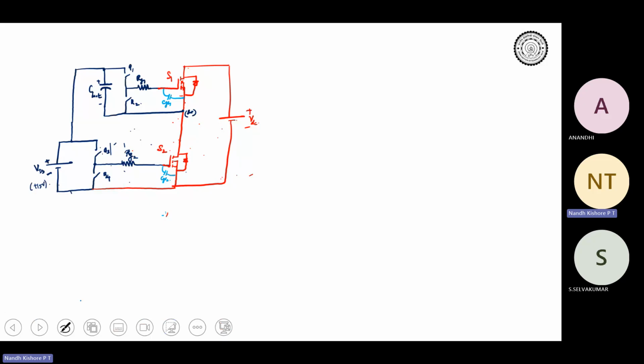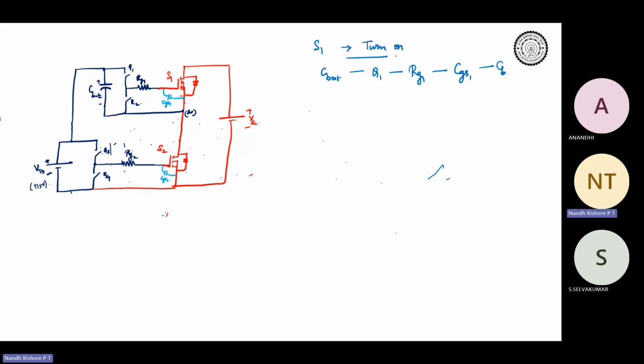What people came up with is, let's write the path, I think it will be easier. For S1 turned on, the path is going to be C boot, then Q1, and then RG1 through CGS1, and then back to C boot.